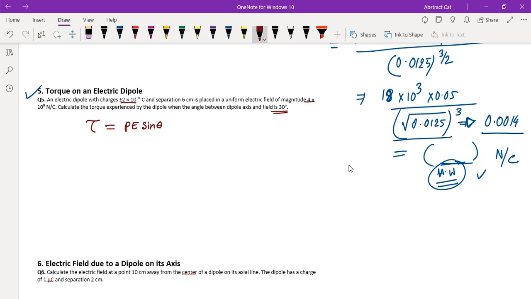Now very easy, the P is the charge times the separation. The charge magnitude is only 2 into 10 to the power minus 8, and the separation is 6 centimeter. So convert centimeter to meter, and that gives the value of P. And here the electric field is 4 into 10 to the power 5 and sine 30 degree.